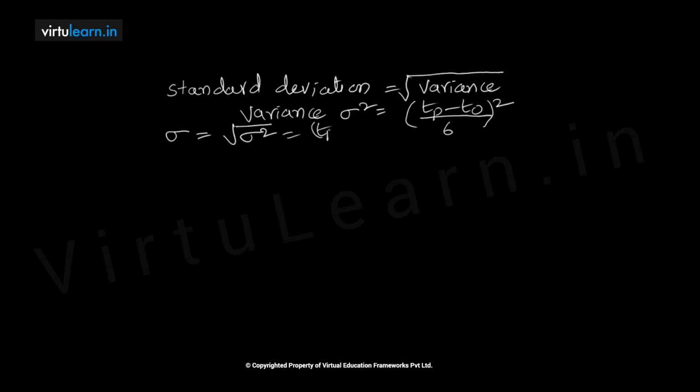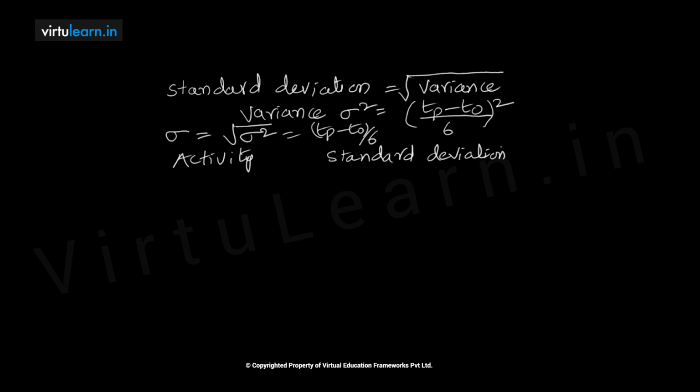Then we will get (Tp minus To) whole by 6. So we will find the standard deviation for all the activities. Afterwards we will use the standard deviation of the activities lying on the critical path.